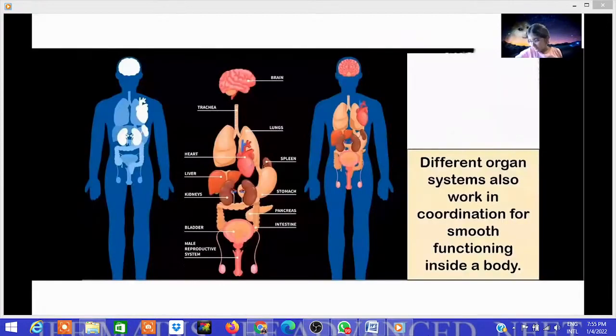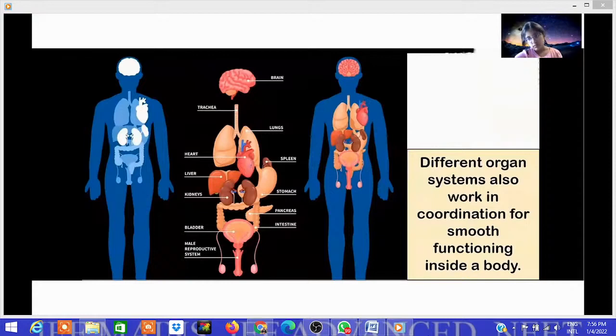Okay, great. So now we have different organs, as we have already written in our notebook. Different organs in our body have different functions. They perform different functions in our body. If one fails, then it will be hard for the body to be healthy and to work properly.